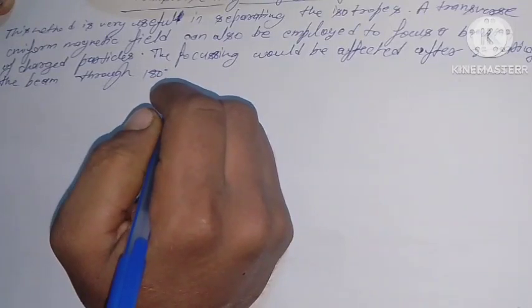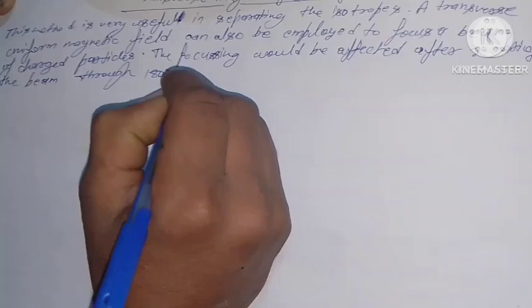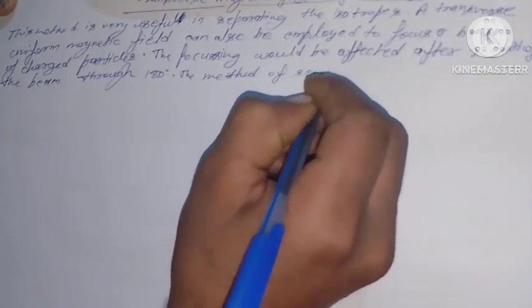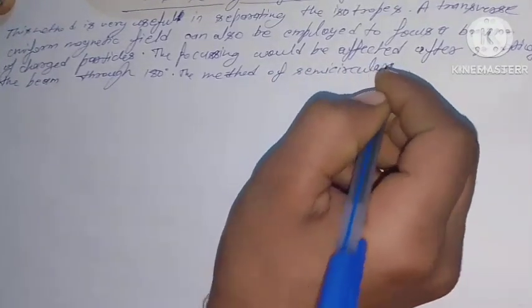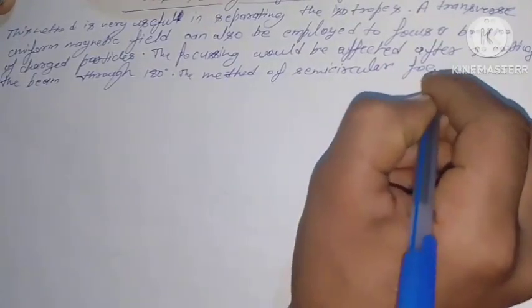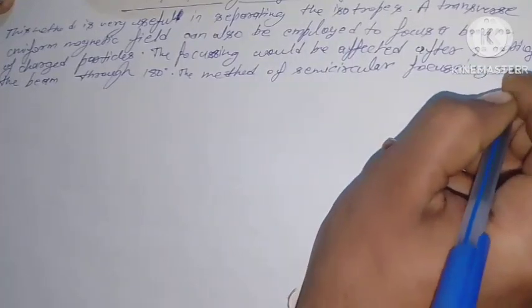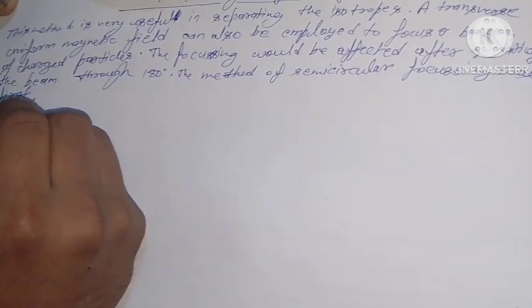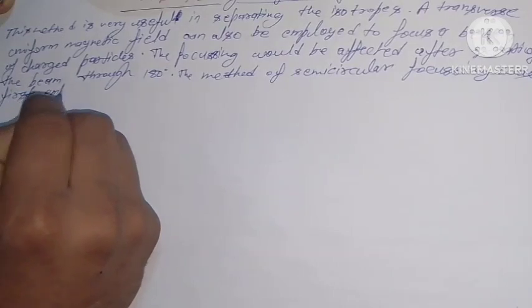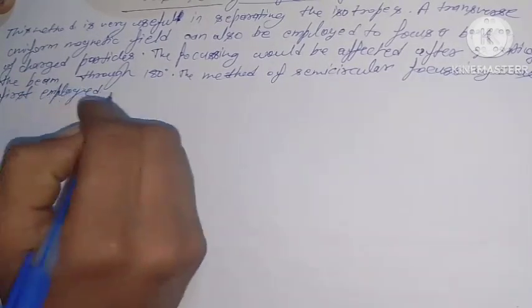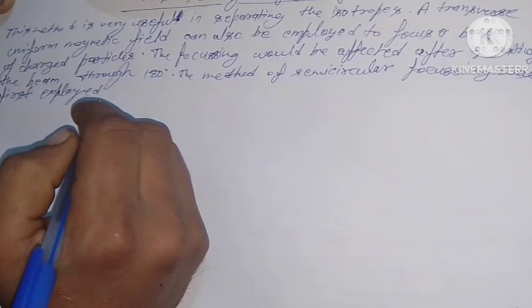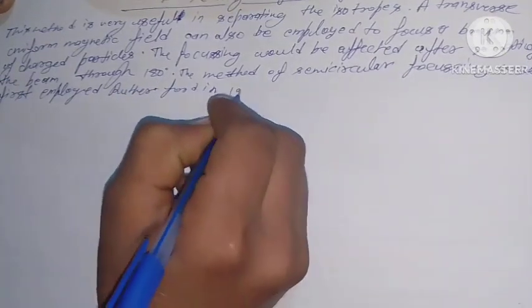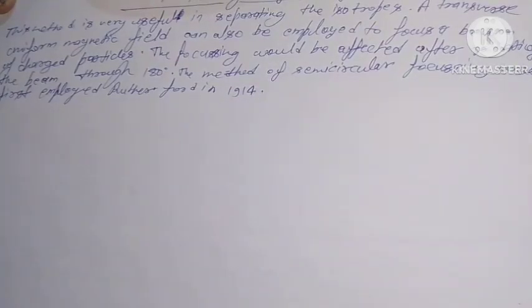The method of semicircular focusing was first employed by Rutherford in 1914.